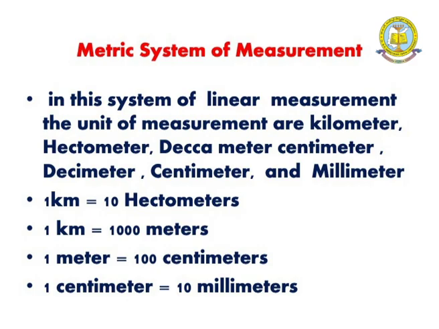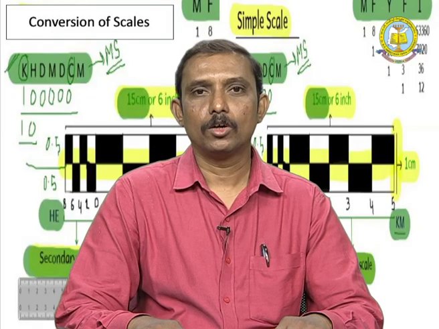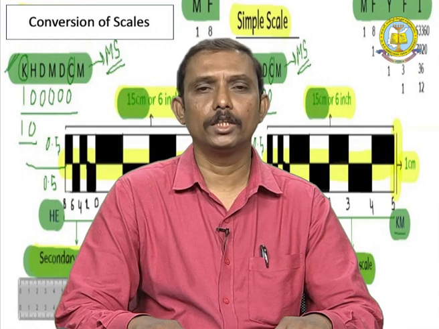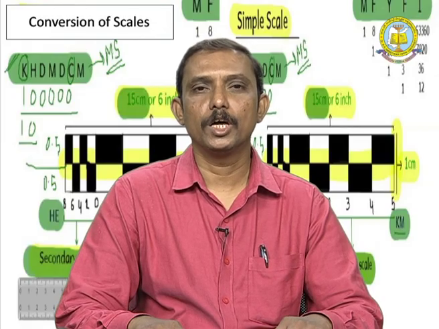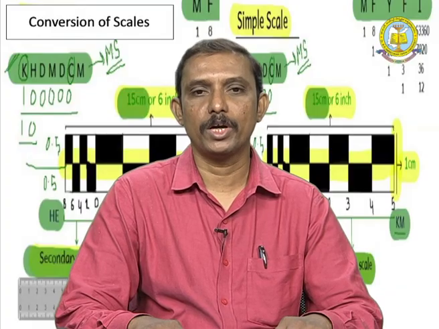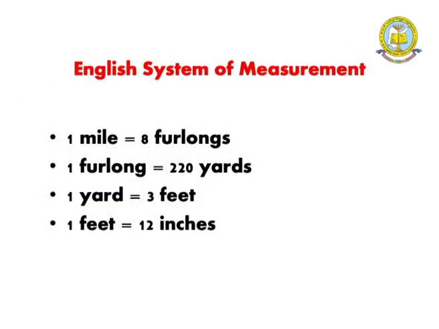In linear measurements, we know kilometer, centimeter, and so on. For linear measurement purposes in the metric system, we take kilometers, hectometers, decameters, meters, centimeters, decimeters and millimeters, whereas in the English system of measurements you will find miles, furlongs, yards, feet, and inches.